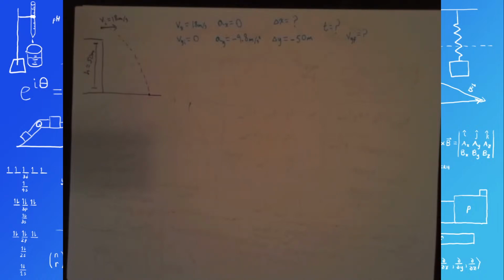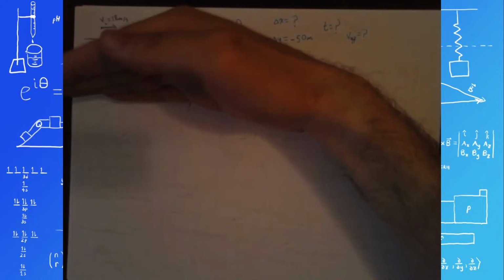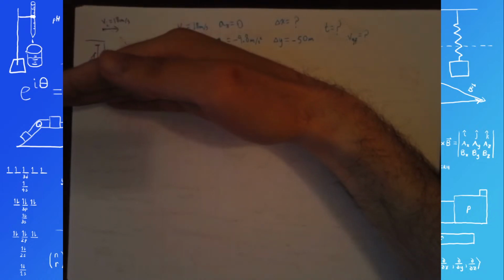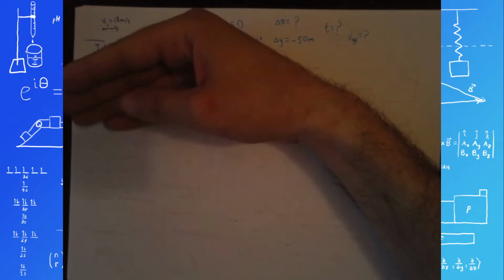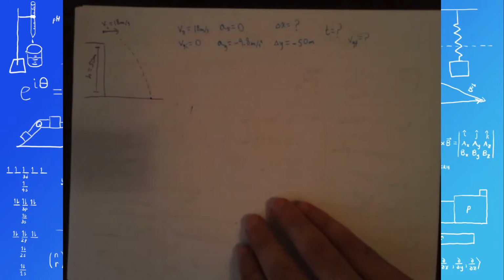So is this problem horizontally or vertically bounded? Let's go ahead and use my special terminology here. What is the time going to depend on for this motion? Are we in the air until we hit some sort of boundary vertically or horizontally? In this case, we're in the air until we vertically reach the height of the ground. Once we're at the height of the ground, we can't proceed any further.